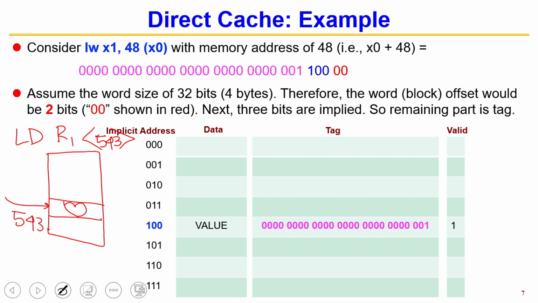So, the objective of this load instruction is to get the data from that location, 32 bit data or 64 bit data depending on the system, and put it into the register. But before it goes to the register, it goes to the cache, and when it goes to the cache, there is a mechanism. This is a simple direct cache, and this value would come there, and the cache being small, let us say this example cache has only 8 locations.